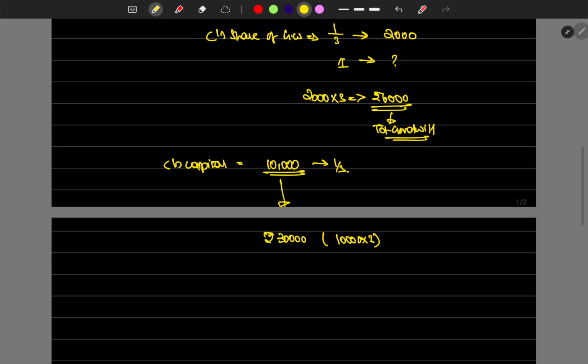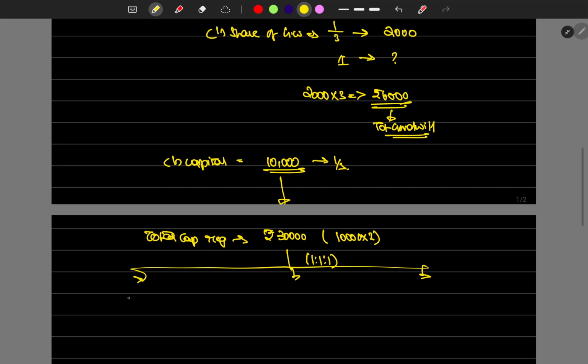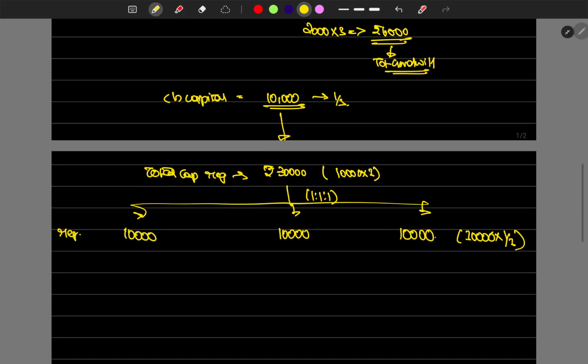It would be the total capital required. If it's split into the new PSR, 30,000 divided by 3 is 10,000 for everyone. Everything is simply 30,000 into 1 by 3. The ratio is the same for everybody. So this is the required capital.